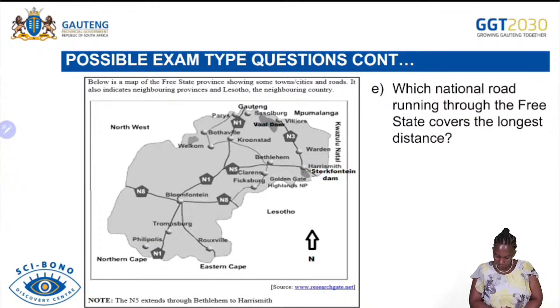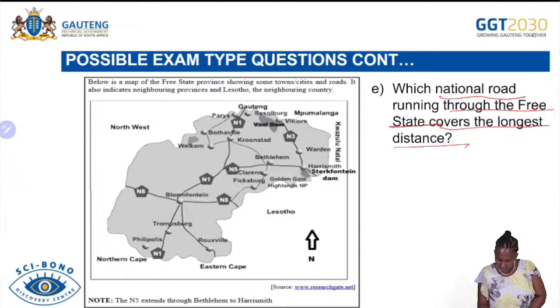Let's continue. Which national road running through the Free State covers the longest distance? The national road running through the Free State that covers the longest distance. Now, looking at the national roads that we have, remember, this is the provincial map.